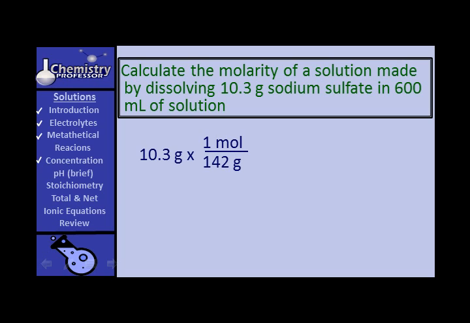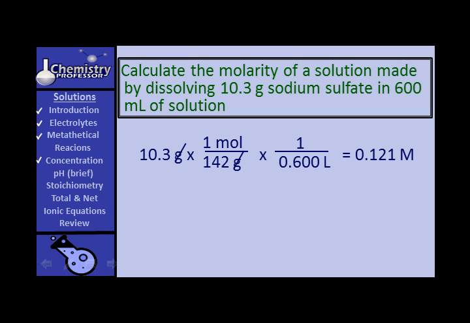Now be sure you see where that comes from. When the grams cancel, that gives us moles of sodium sulfate times 1 over 0.6 liters. So we're going to come out with 0.121 moles per liter, or molarity.